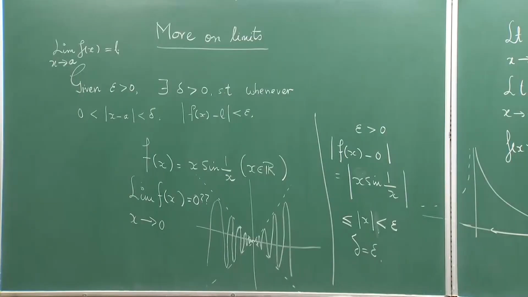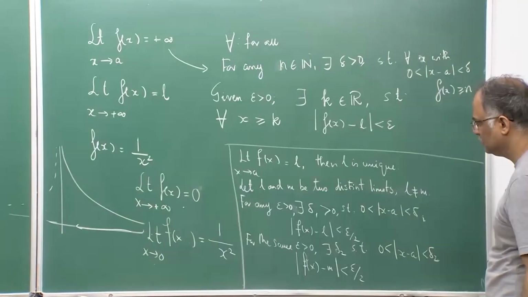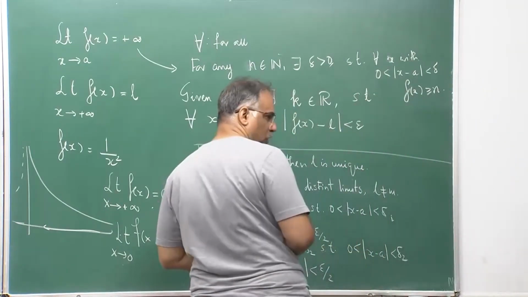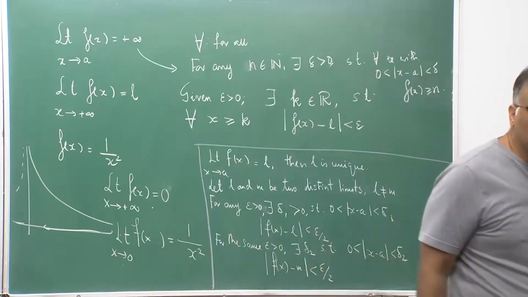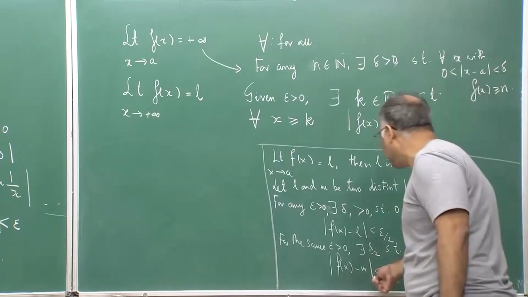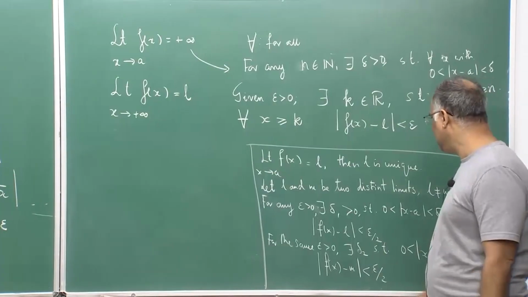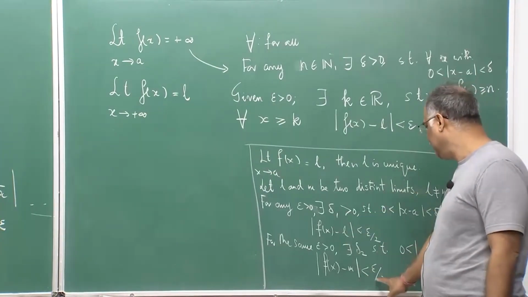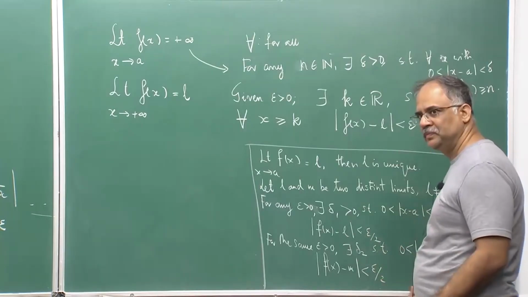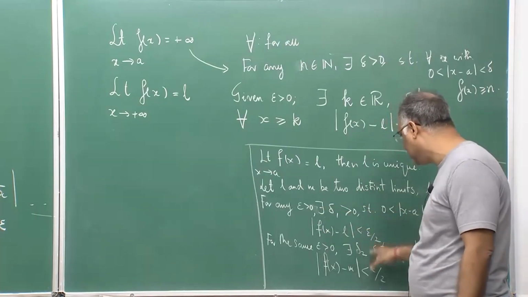Now, you might say, oh, what am I going to do with this definition? Oh, fine, let us see what we can do. So, we are going to prove that L is equal to M. So, can there be a delta for which both of these definitions hold together? It is obvious, because if this works for a certain delta 1 and this works for a certain delta 2, and you take the minimum of both of them, then that delta would work for both.